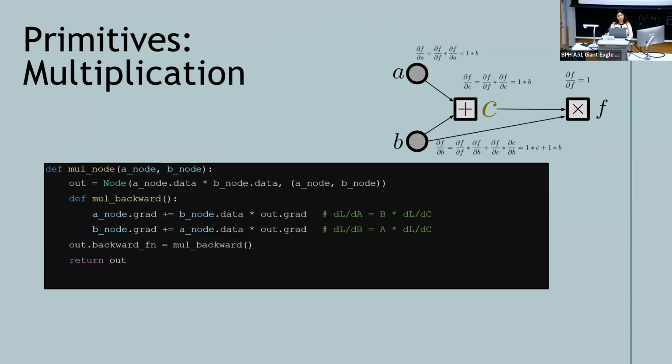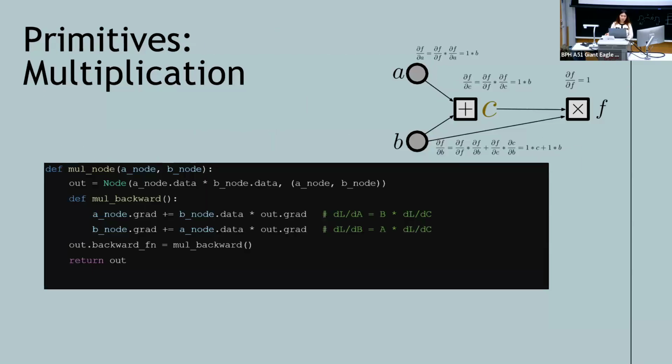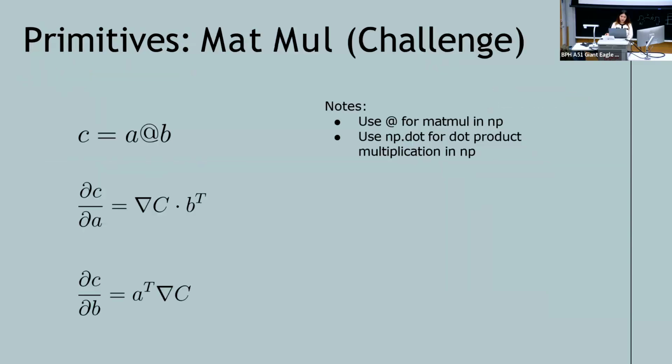So this is the code implementation. We have the node initialized, we have the data to be multiplied, and then we track the parent nodes. In the backward function, for A's gradient, we will multiply by B's data, and for B's gradient, we will add the output gradient multiplied by A's node data, just as the expression here. And finally, we call this backward function and then return the output.